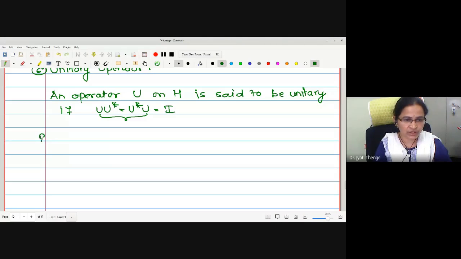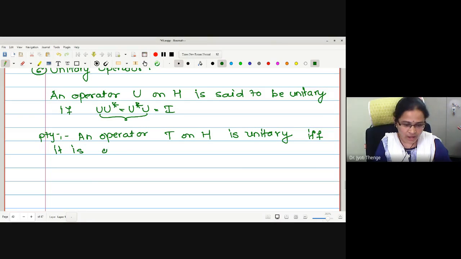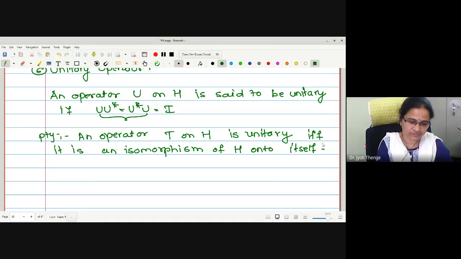Okay, we have a property: an operator T on a Hilbert space H is unitary if and only if it is an isomorphism of H onto itself. Okay, this is an important property we have.